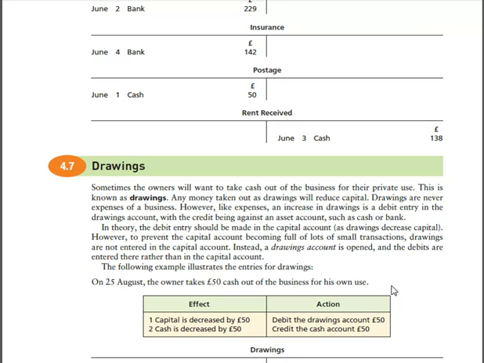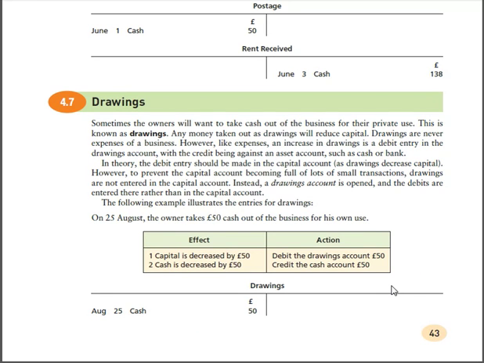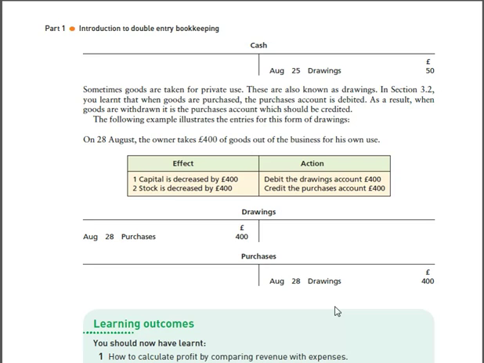So one would be a reduction in capital, which would be an increase in drawings, and the second would be a reduction in cash. We would debit the drawings account by £50, and credit the cash account because the drawings was of cash.